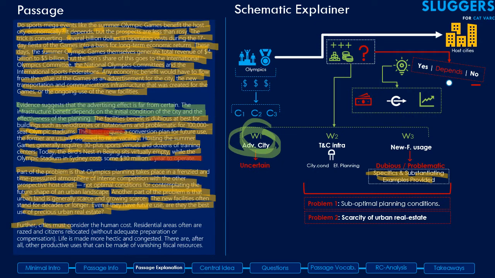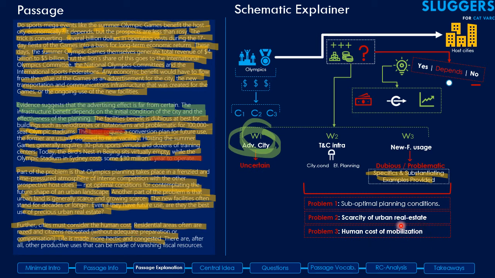Further, cities must consider the human cost. Residential areas often are razed and citizens relocated without adequate preparation or compensation. Life is made more hectic and congested. Okay, so he has given a third problem here now. Further, apart from the first two problems, there's another problem, and that involves some sort of human cost, right?